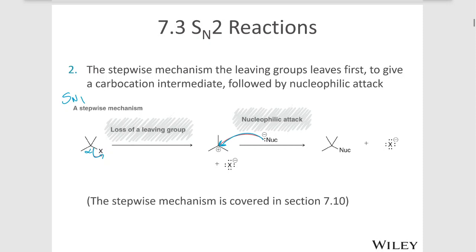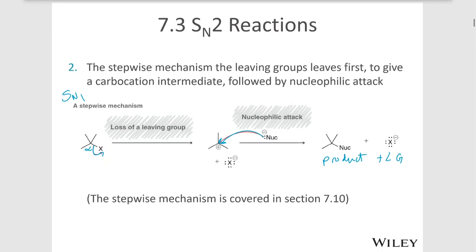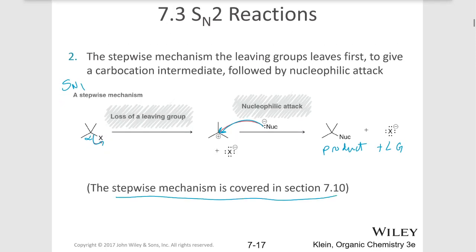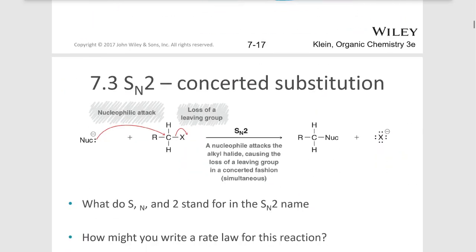And then we have the product plus the leaving group. Now, sometimes you can get rearrangements and the nucleophile may be attacking at a different carbon, but we're just going to keep it simple for now, okay? So this stepwise mechanism is going to be covered in a later section.